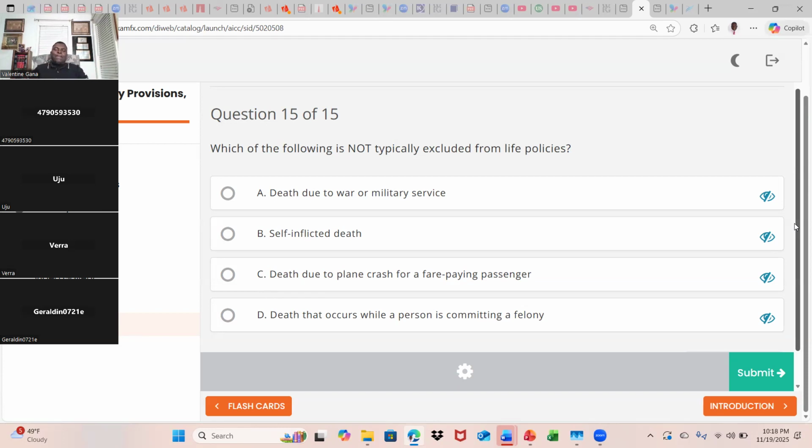I think it should be C. Death due to a plane crash for a fare-paying passenger.